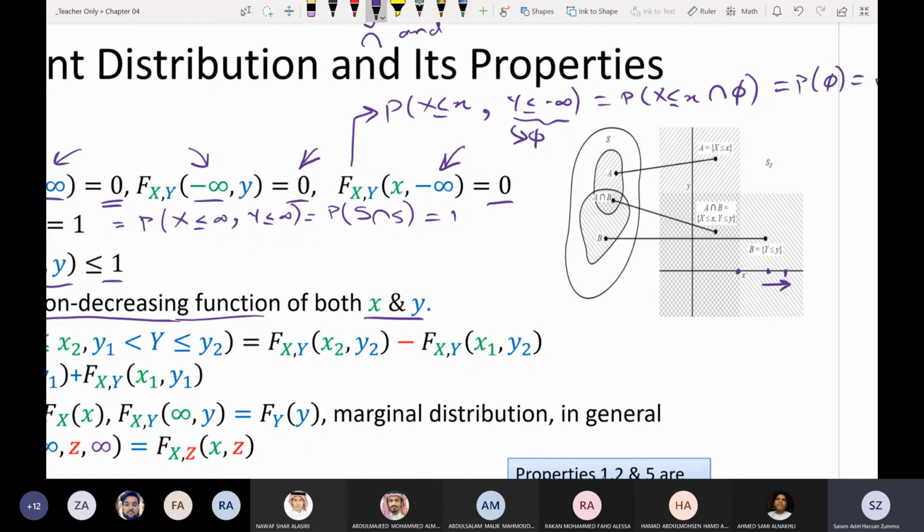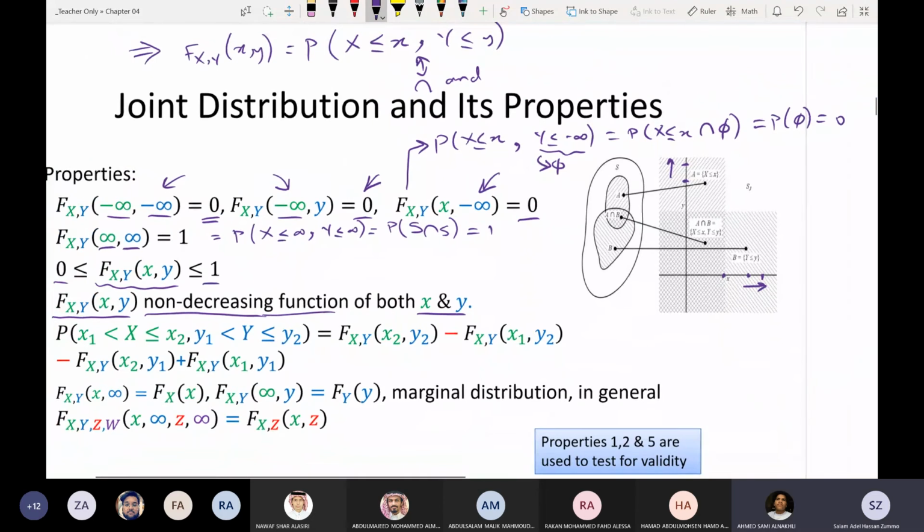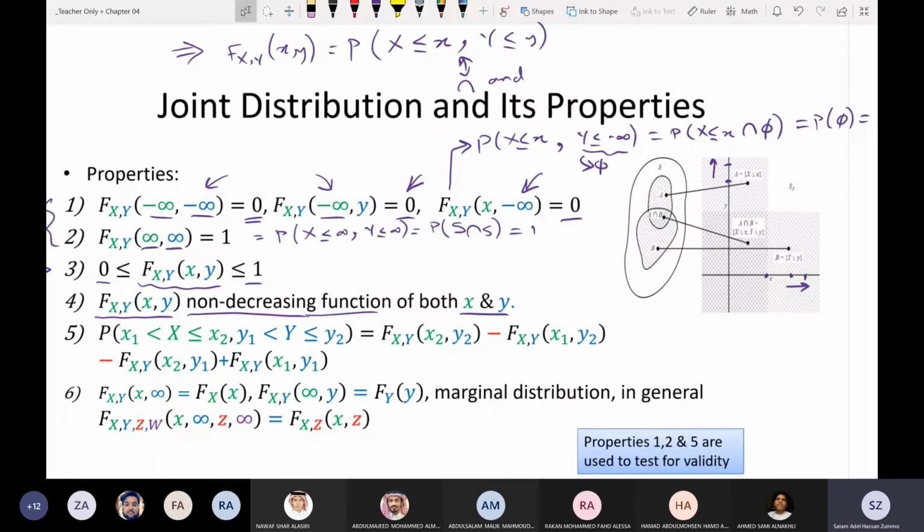Similarly, if I increase y, I either increase the number of events involved in the probability, which increases the probability, or the number of events stays the same. Hence, it cannot be decreasing with x and y.